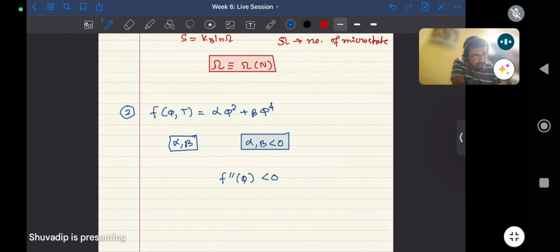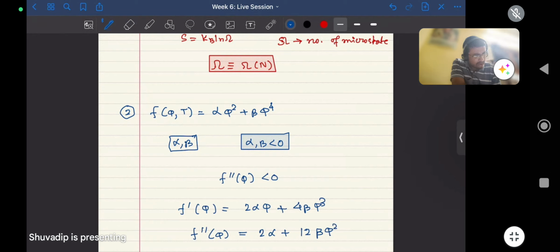From that function, f dash of phi is 2 alpha phi plus 4 beta phi cube, and f double prime of phi is 2 alpha plus 12 beta phi square.